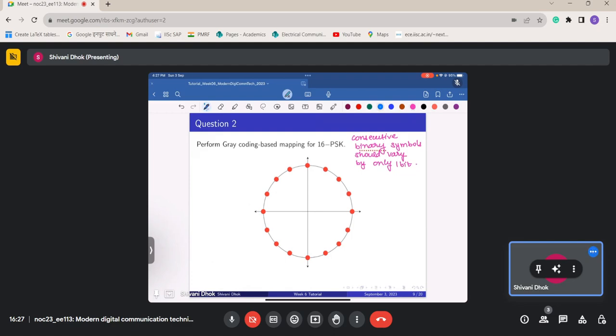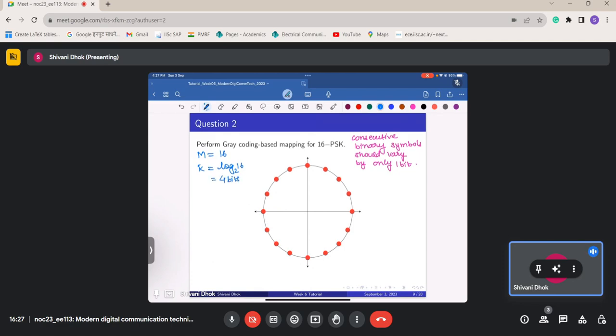And see, we have here 16 PSK, which means my M is 16. I have total M symbols, and number of bits k is log 16 to the base 2, which comes out to be 4 bits.